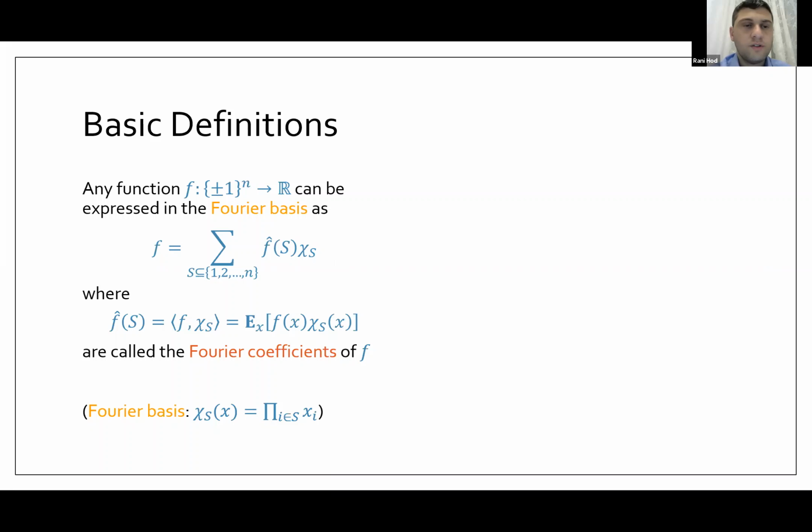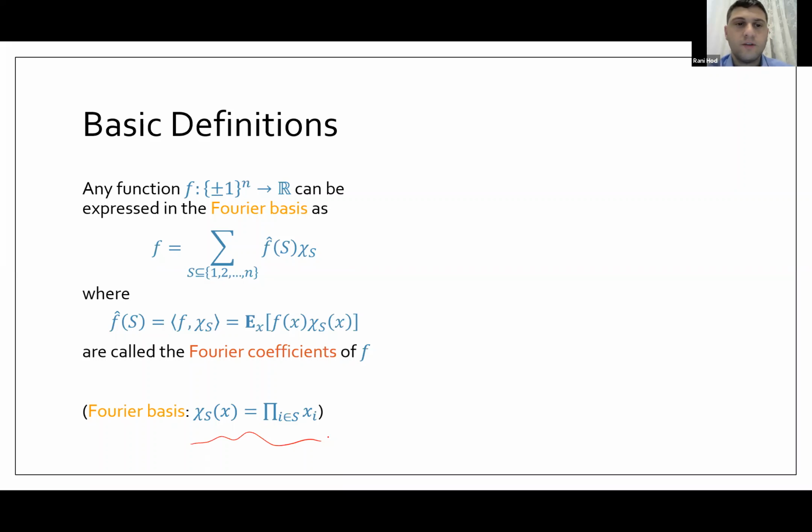Any such function can be expressed not just in the regular basis, but in the Fourier basis. You have the definition of the basis functions here. These are just multilinear polynomials, monomials, and you can sum them with various coefficients. And we have the definition of the inner product.